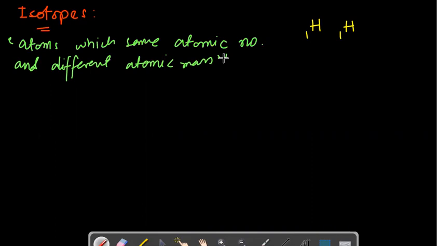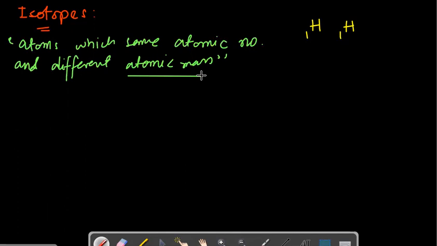Okay, now how is it possible that two atoms have the same atomic number but different atomic masses? As we have already discussed, the atomic mass is the sum of the protons and the number of neutrons present in the nucleus. So it is possible if two species have the same number of protons but a different number of neutrons present in the nucleus.